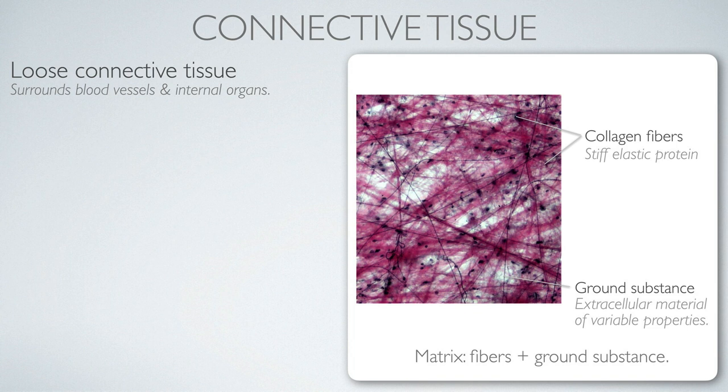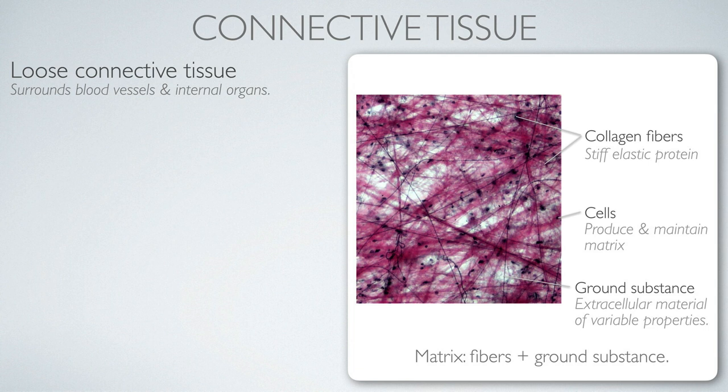Now together, the ground substance and the fibers in connective tissue are referred to as the matrix. And the other major component here are the cells, and the cells produce matrix. They might break it down and reconstitute it. They're the sort of maintainers of the connective tissue.